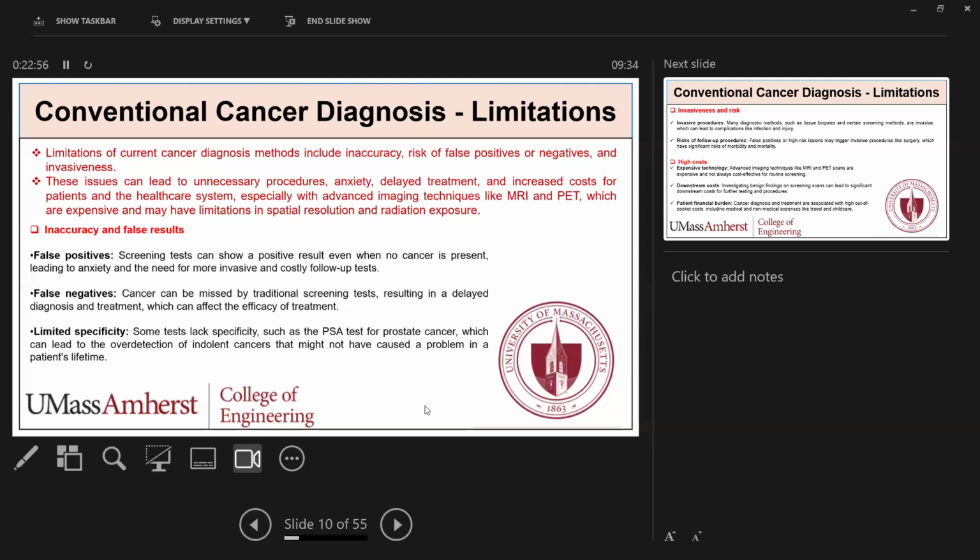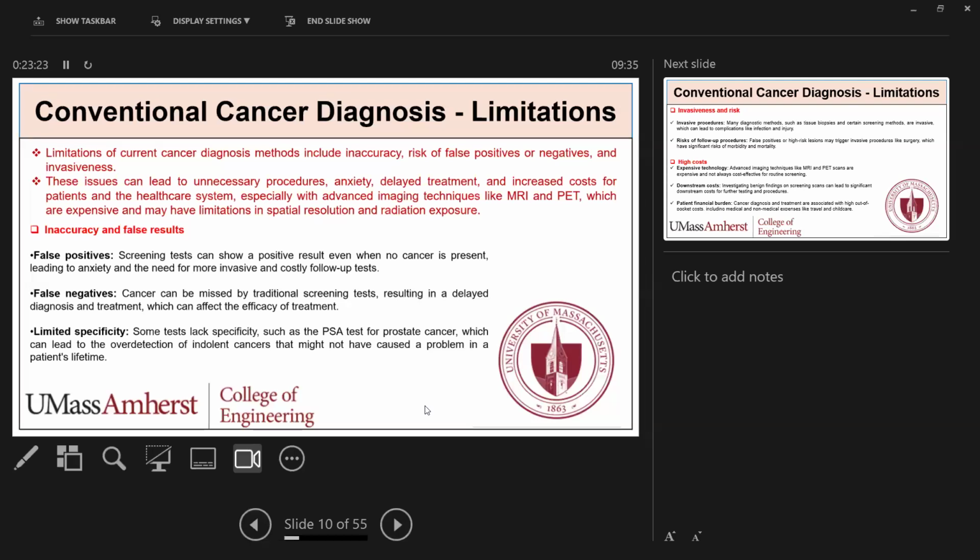And limited specificity. This is one of the most important limitations, because most cancer diagnosis methods lack specificity. I would have gone to check for one particular disease in one particular organ. The doctor comes and says, hey, you are not affected in that organ, however, you are affected in a different organ.